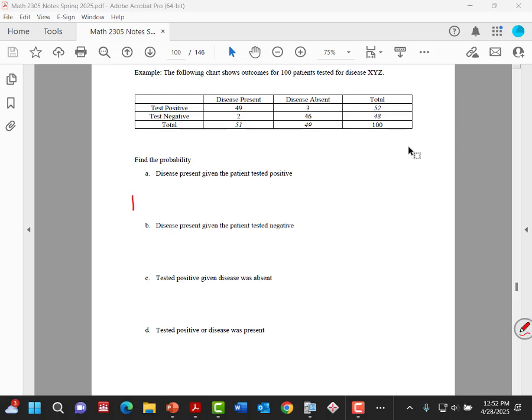So this would be probability present given positive. Okay, well, this would be present and positive over the piece that's given goes in the denominator, positive. So I almost always start with the denominator first when I look at these conditional probabilities. So ask yourself how many total people tested positive. That would be 52.